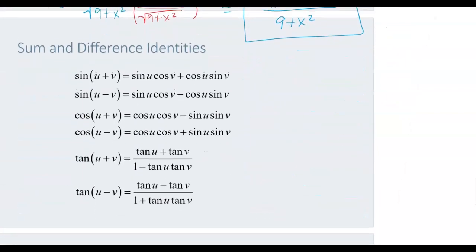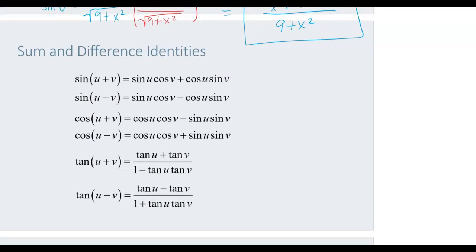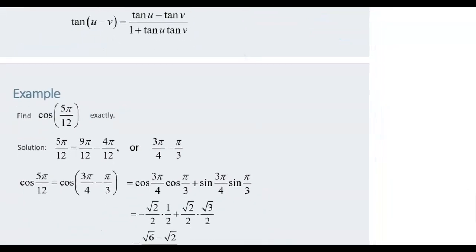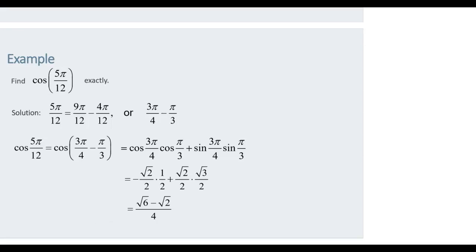The last slide has sum and difference identities. When you're trying to find an exact value for a value that's not on the unit circle, you use these different identities. And there's an example here that's using one of those formulas to figure out the cosine of 5 pi over 3.